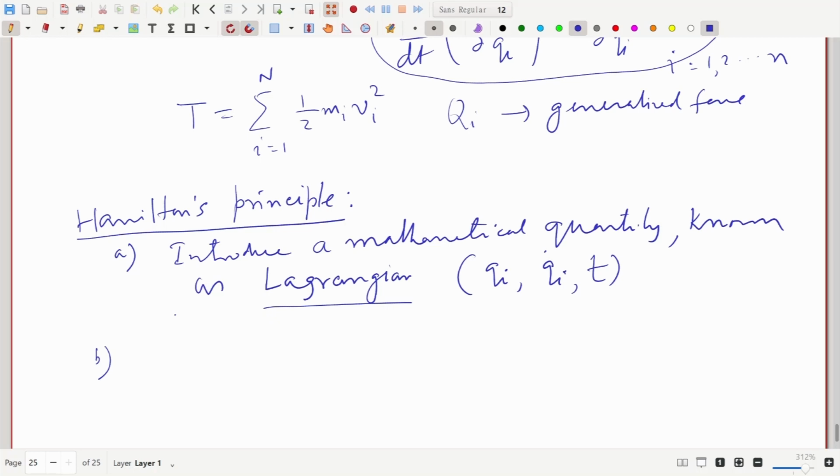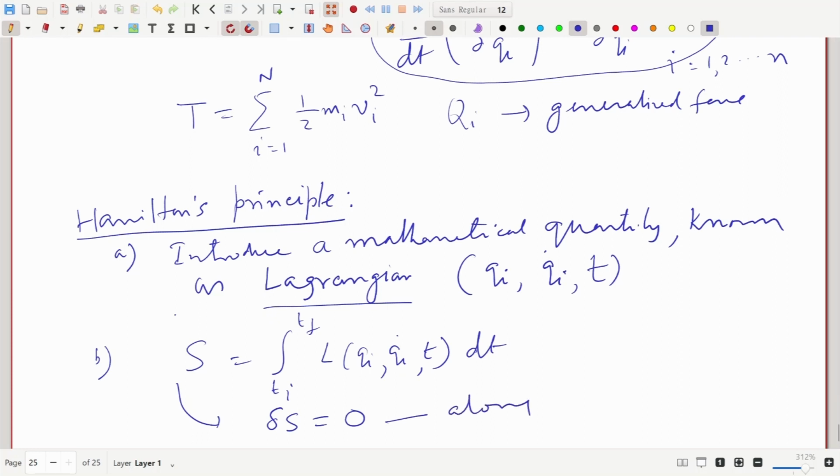The second part says that a mathematical quantity called action, which is a line integral from initial time to final time of the Lagrangian just introduced in part 1, should be an extremum along the path of evolution.